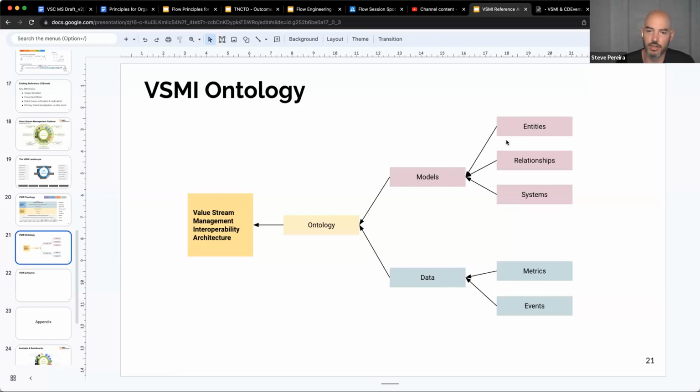And then under the model side, how do we think about entities, systems being the generators of events, entities also being the generators of events, but the representation of the objects primarily, and then the relationships between everything.